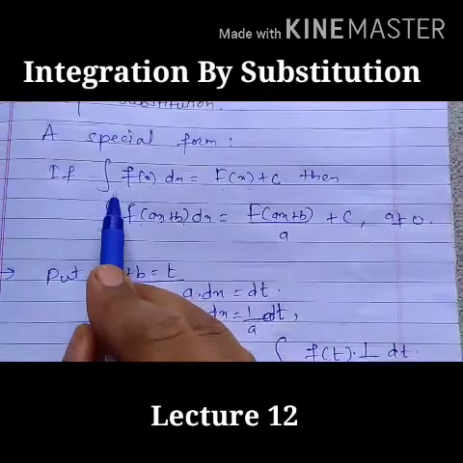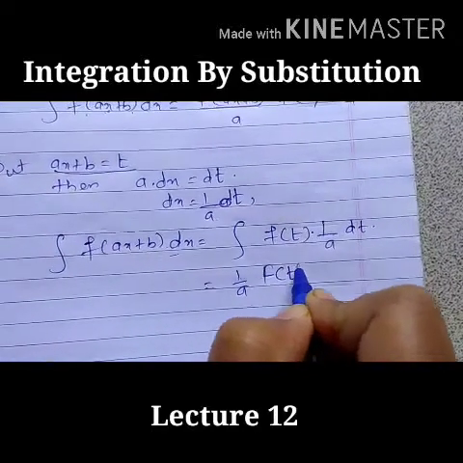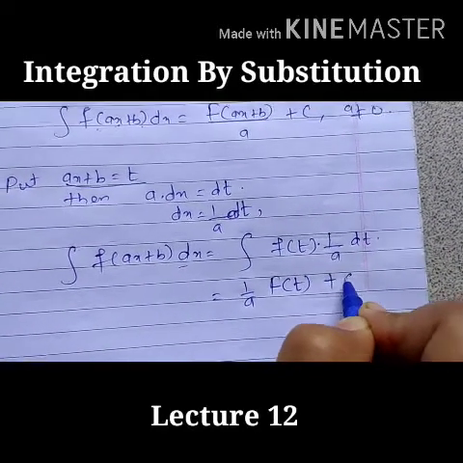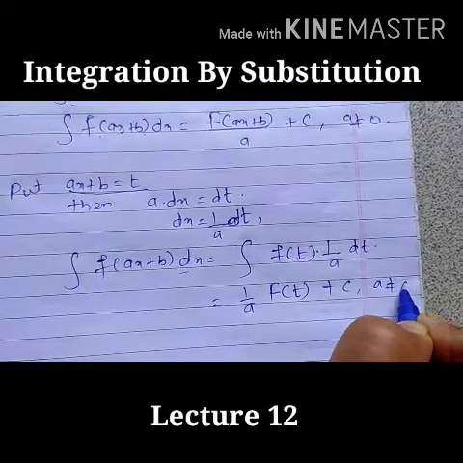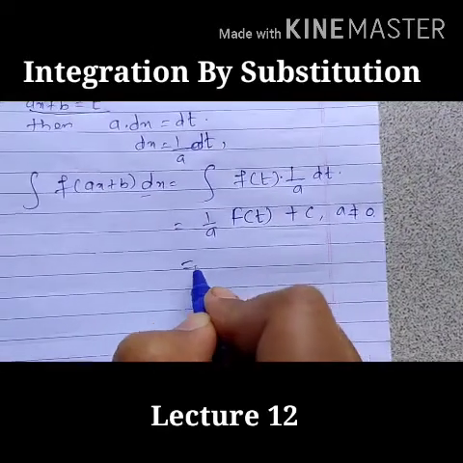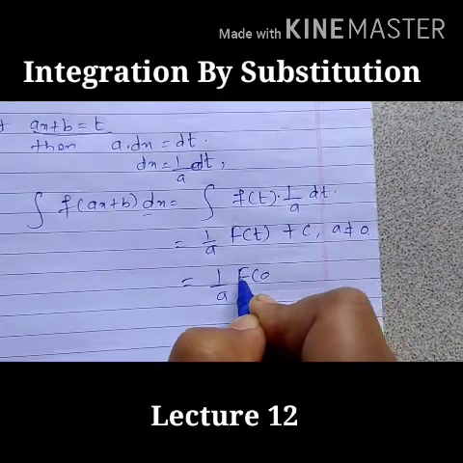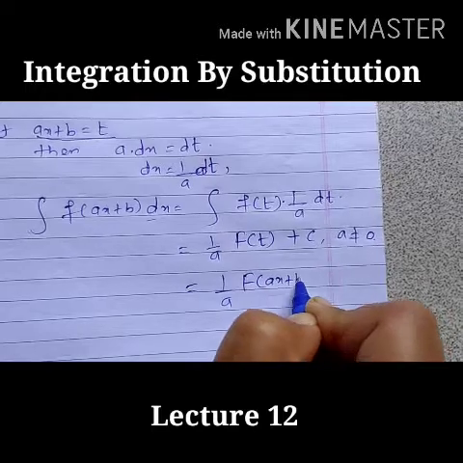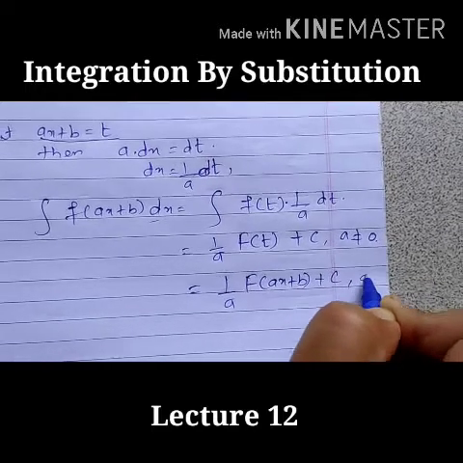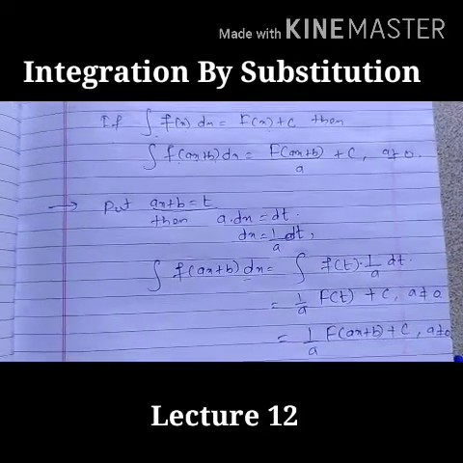We have integration of f of x is capital F of x, so it will be capital F of t, this 1 upon a as it is, plus c, where a is non-zero. Now we'll resubstitute the value of t. It will be 1 upon a into capital F of ax plus b plus c, where c is a constant of integration.